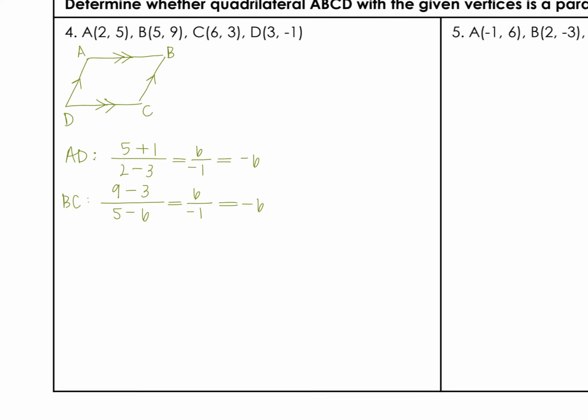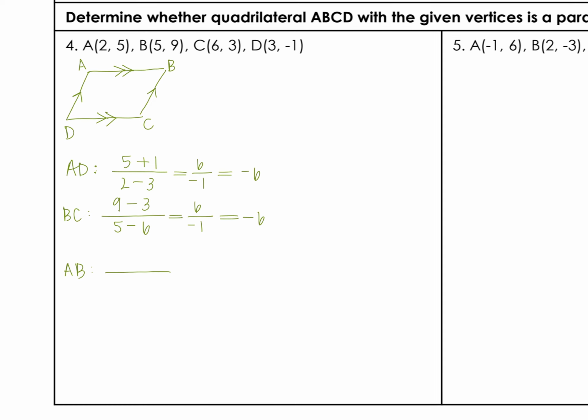Now let's check out our AB. Okay, so the slope of AB, we are going to have, let me scroll up a little bit, 5 minus 9. And then we will have 2 minus 5.